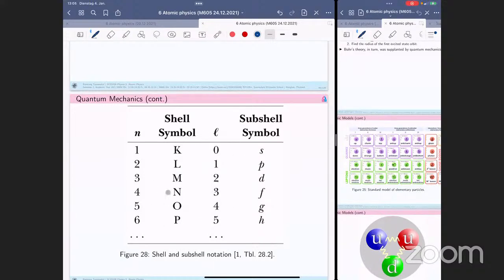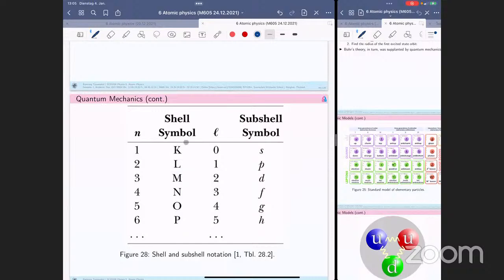Those are in agreement for several researchers in this society. They use the capital K to represent n equal to 1. They use the capital L to represent n equal to 2. They use capital M to represent n equal to 3, and so on: M, N, O, P. If they say K, you need to realize yourself that it means n equal to 1.